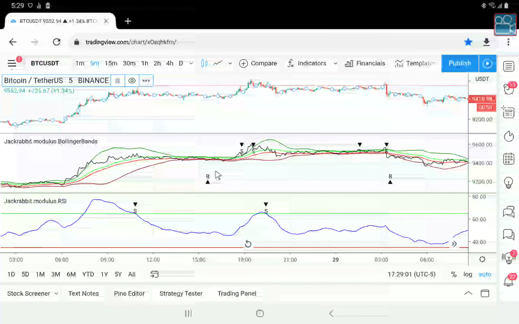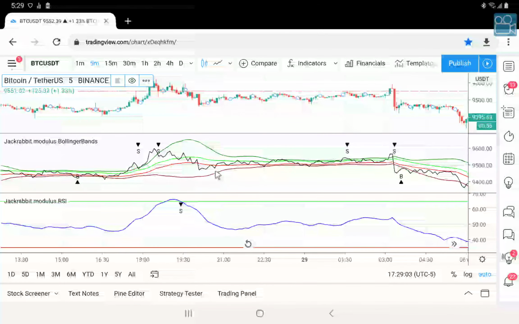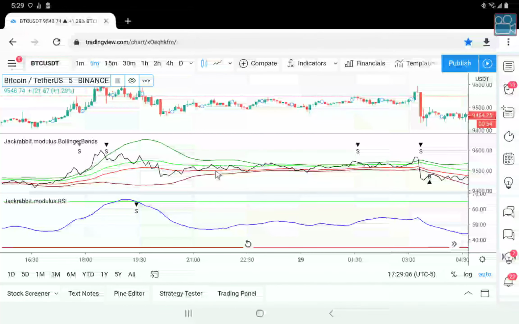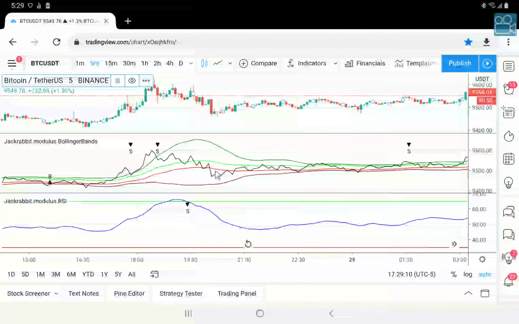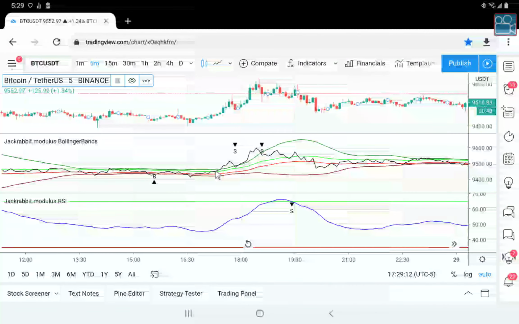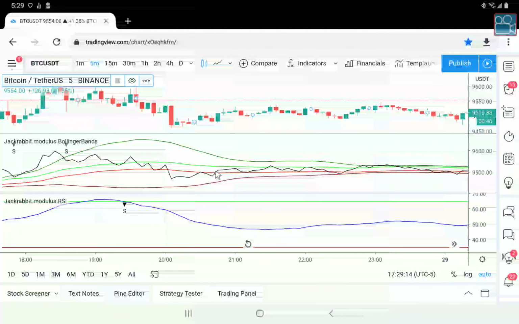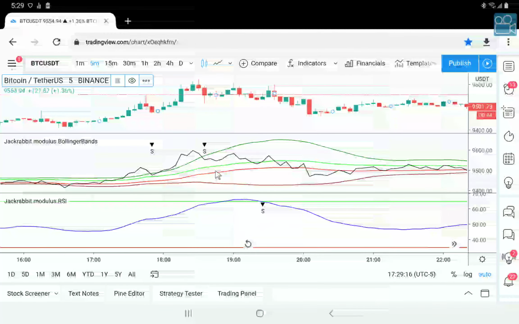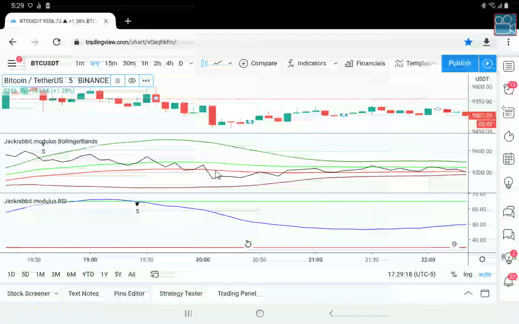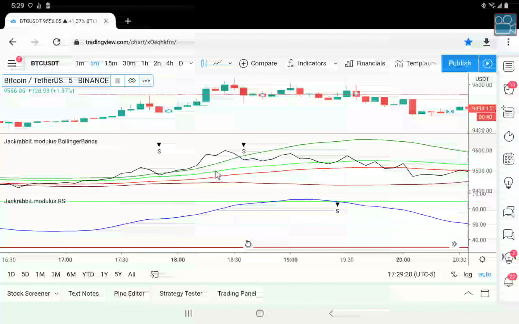So let's zoom in and see how much. See how many candlesticks this lags. Okay, well, right here we see it kicks in way over here.